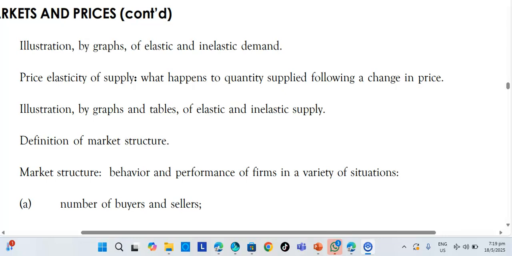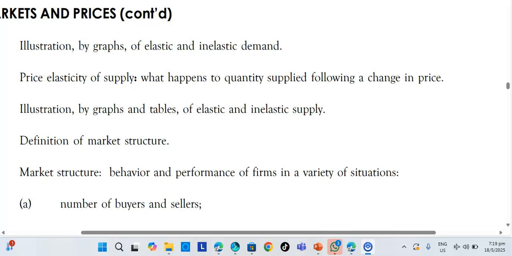Price elasticity of supply measures how much the quantity supplied of a good changes when there's a change in its price. If the price increases, suppliers are usually willing to supply more to earn higher profits. If the price falls, suppliers may reduce how much they produce because it's less profitable.